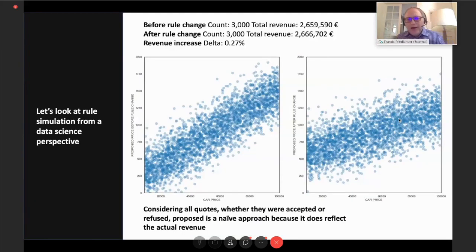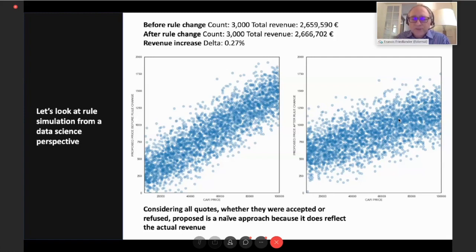So let's now have a look at simulations from the perspective of data science. What you can see here on the left-hand side, the horizontal axis is one of the input columns. What is the initial price of the car? And the vertical axis is the price that the business rules decided.